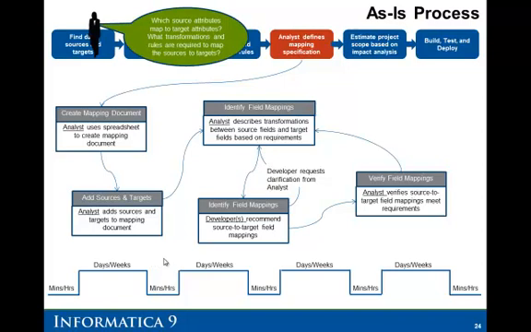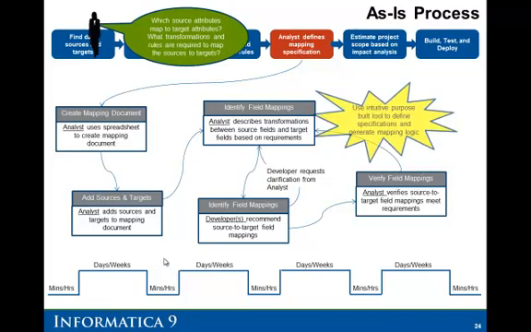Some opportunities to improve the process here would be to once again provide an intuitive purpose-built tool for the analyst, where they can define the specifications, actually generate the mapping logic, and preview the results of the specification directly within that tool.